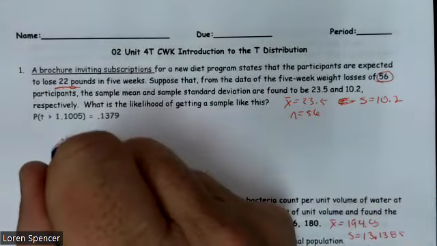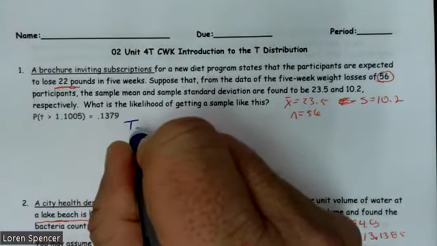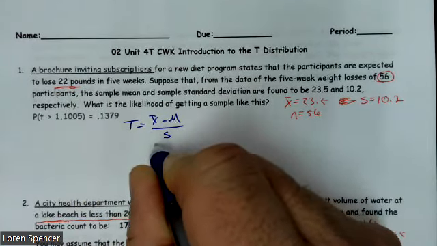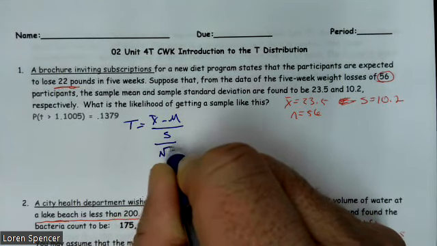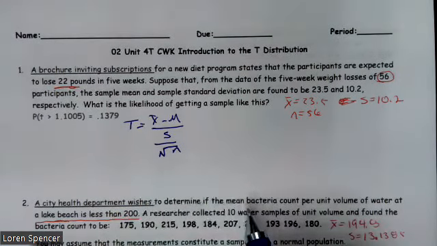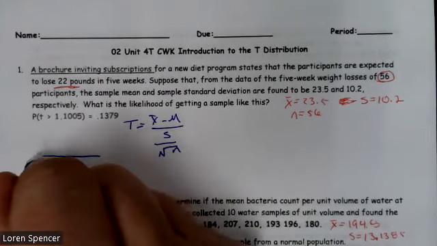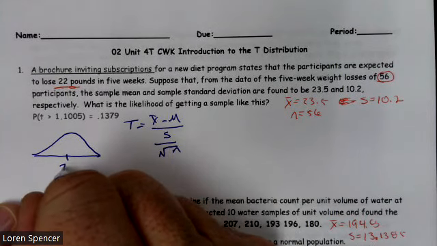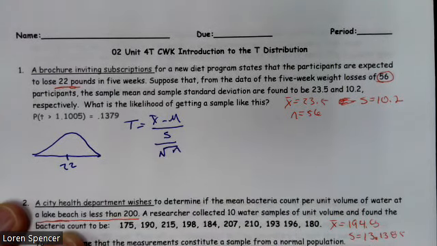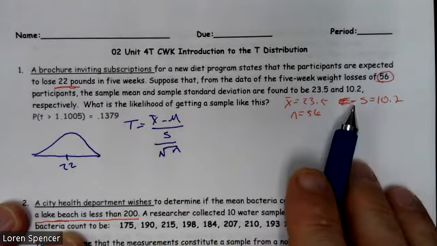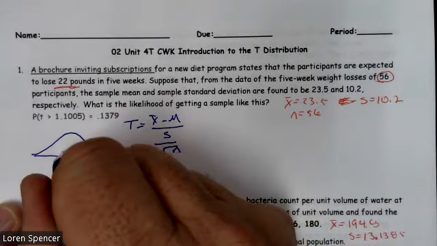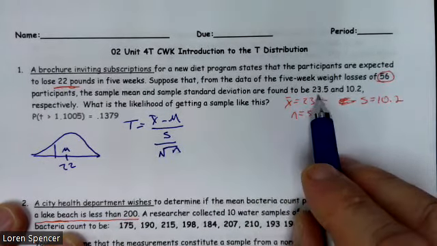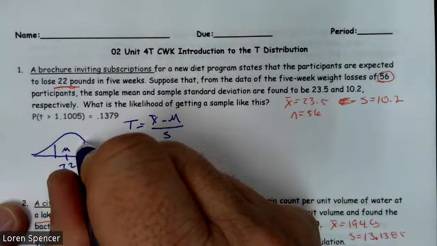What's the likelihood of getting a sample like this? Well, remember our T formula is T equals X bar minus mu over S divided by the square root of N. And if I were to draw a picture of this, which I need to always do, we have 22, and that is our claim. But we ended up getting a sample mean of 23.5, which is up here above it.